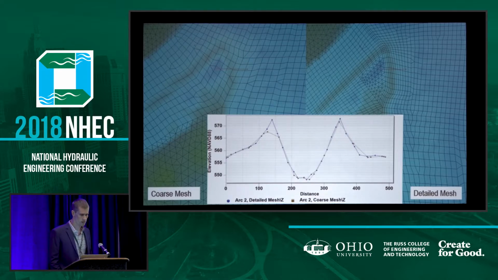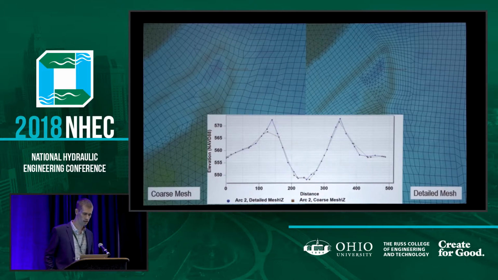On the picture on the left, the coarse mesh, you can see, probably have about 10 elements through this section that was cut. And on the right, we have probably 4 elements across the crest of the closing dam. And so you would think that would be quite a bit better representation in the mesh element elevations.